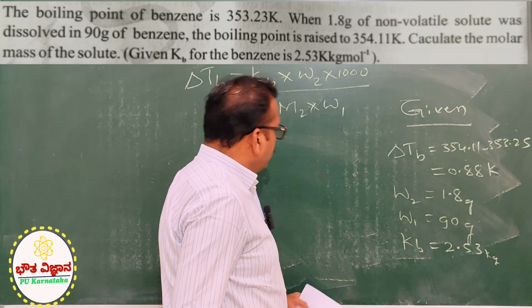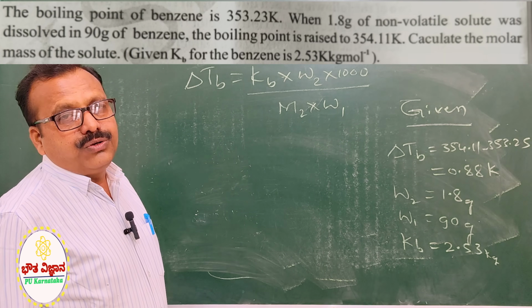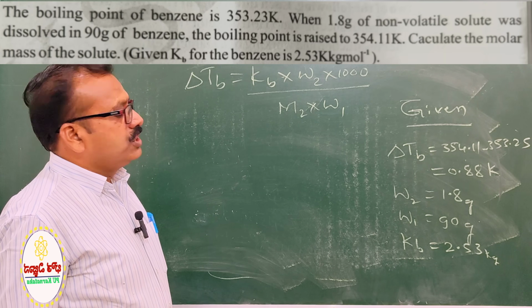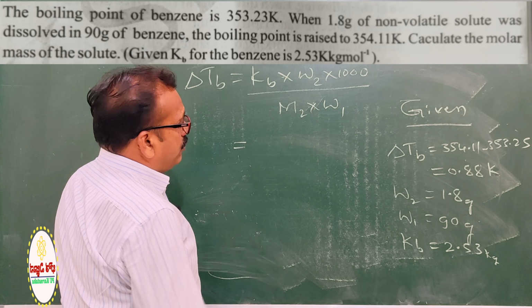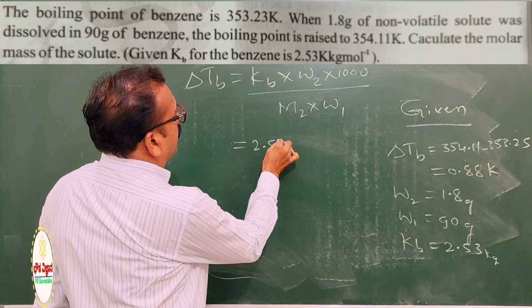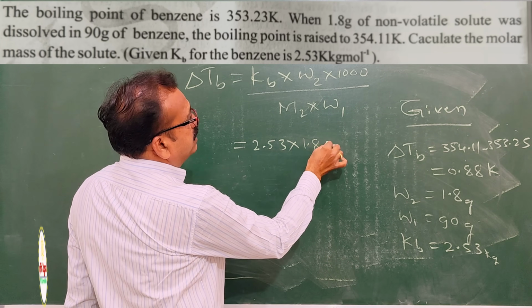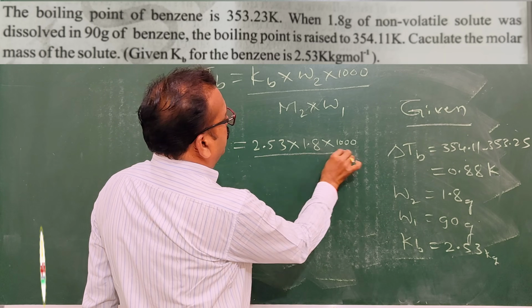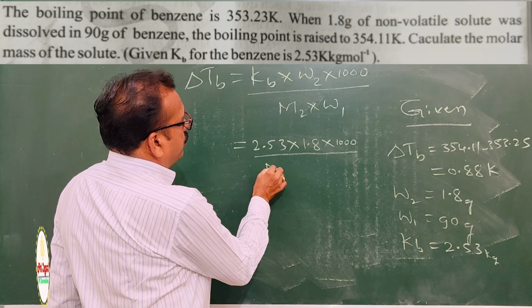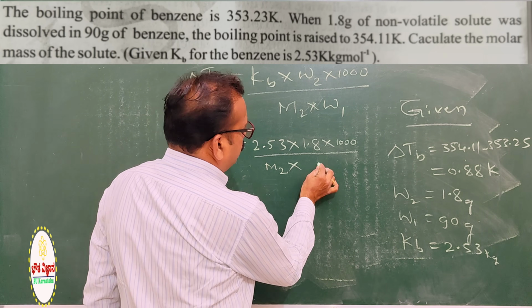Okay, so here you have to substitute del Tb equal to Kb into W2 into 1000 divided by M2 into W1. Kb value they have given 2.53 into W2 they have given 1.8 into 1000 divided by M2 into W1, they have given 90 gram.